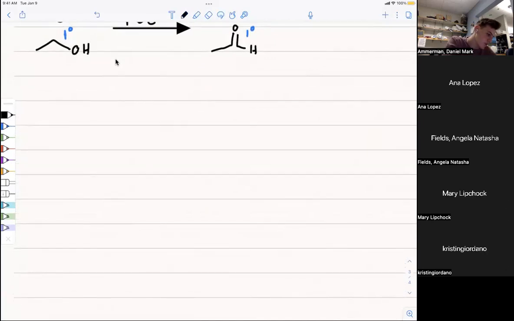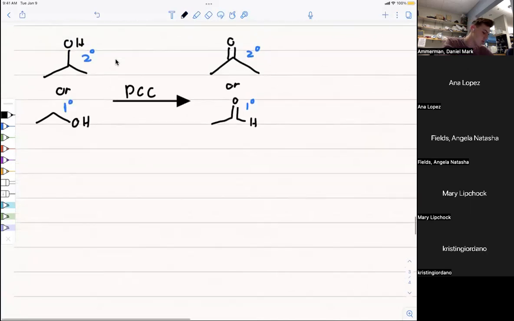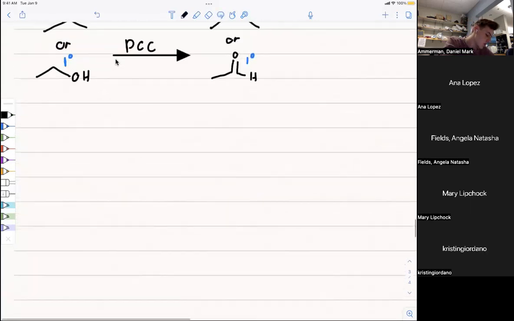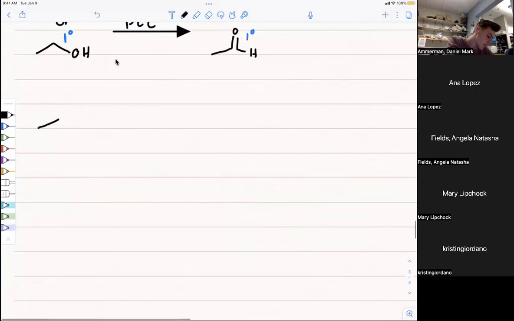Also, Jones reagent, so chromium, can do this same thing. Instead of having PCC, remember Jones is kind of our one-stop shop. It will do the same thing.